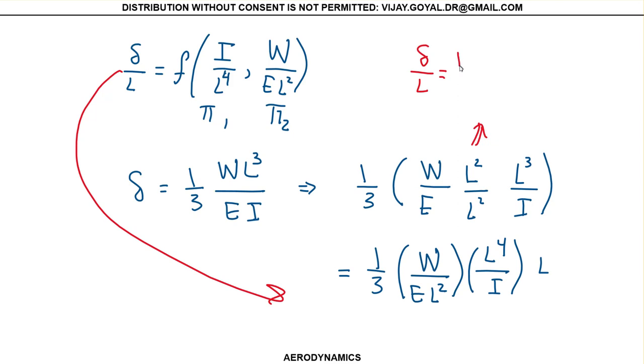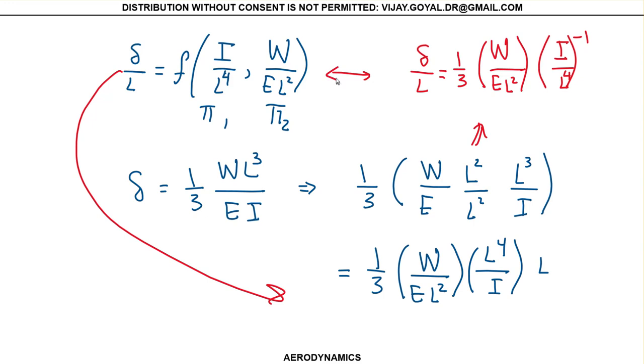You have a constant 1/3. This term remains as is, W E L squared. And then this term remains, this is how we defined it. So we want to keep it like that, L to the fourth. And it will be -1 when I compare to this one. And the L actually came to the other side. So this is how these two get related to one another.